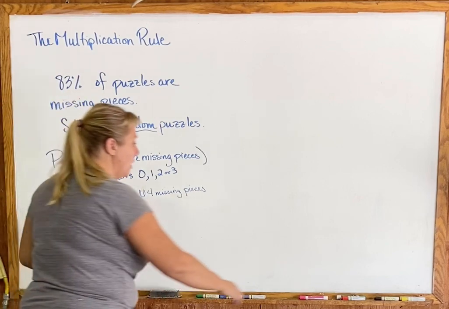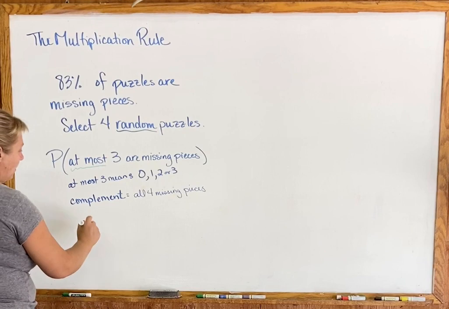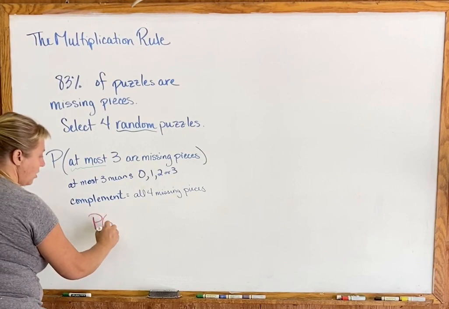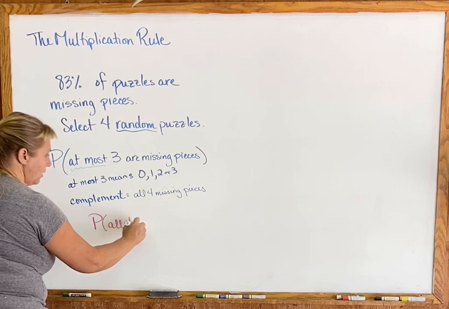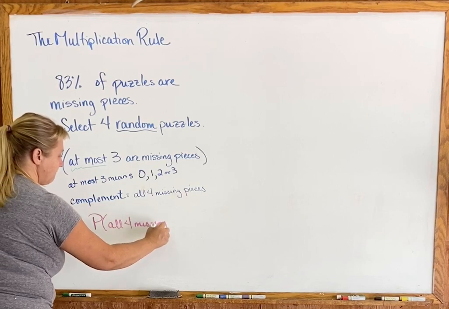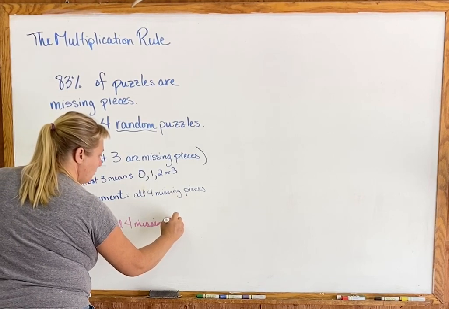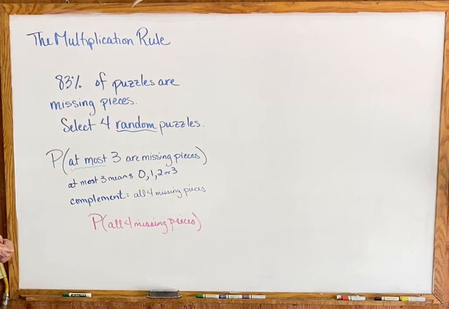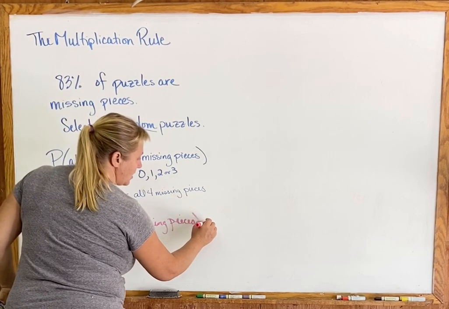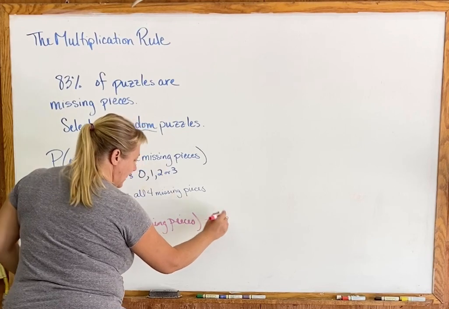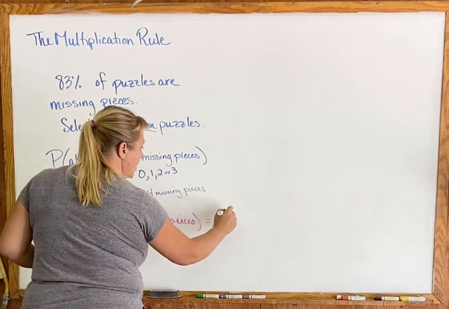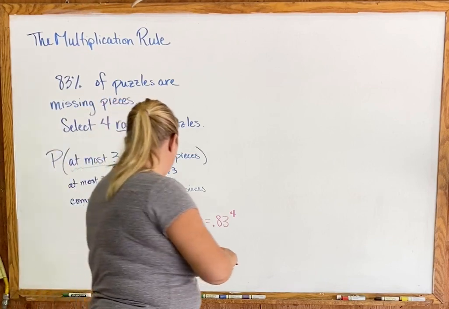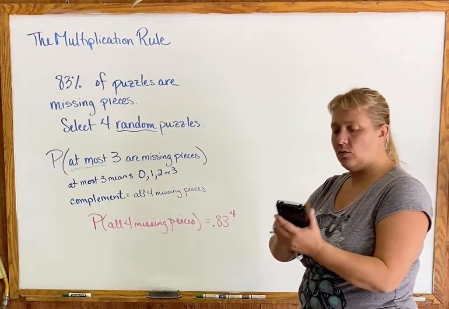So could we figure out the probability of all 4 missing pieces? What's the probability the first one is missing a piece? Right, 0.83. So we'll go 0.83, and we want that to happen 4 times in a row. So we'll raise it to the 4th power. Let me use my calculator.